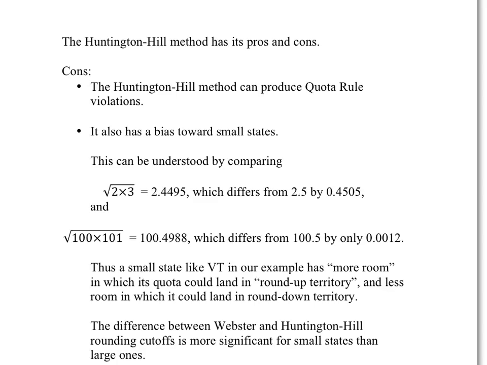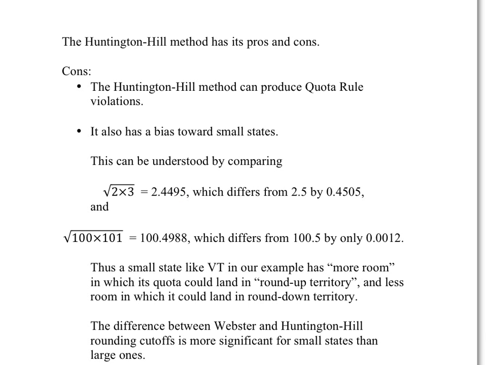A small state, such as Vermont in our example, has, in some sense, more room in which its quota could land in round-up territory, and less room in which it could land in round-down territory. So if its quota lands anywhere from this number up to 3, it gets rounded up to 3, and if it's between 2 and this number, then it gets rounded down to 2.